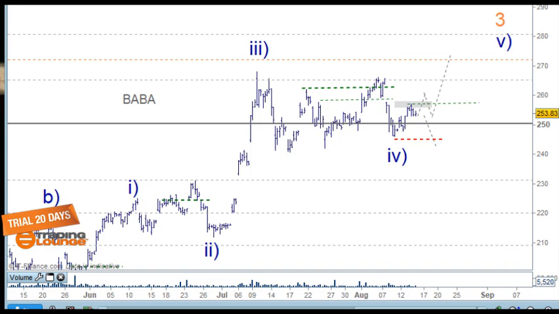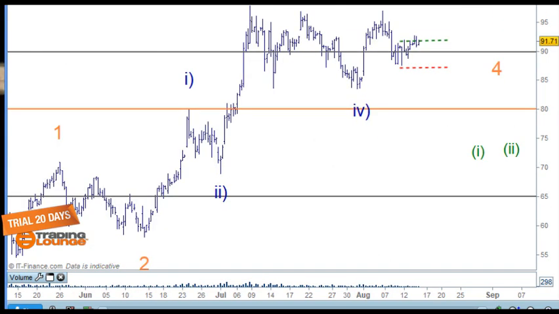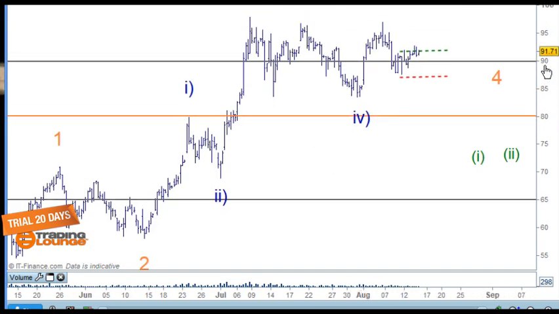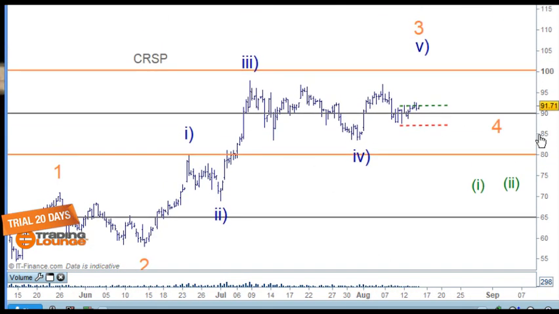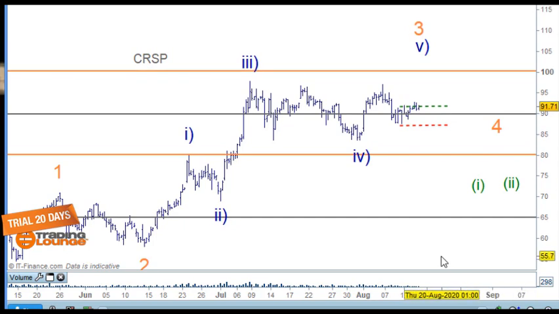So we're going to look at Crispr next. This is also on the 4-hour chart. We're also at a medium level here as well, because we're halfway between 80 and 100, which is the medium level. The Fibonacci numbers, they go 1, 2, 3, 5, 8, 13, 21, 34, 55, 89, 144.